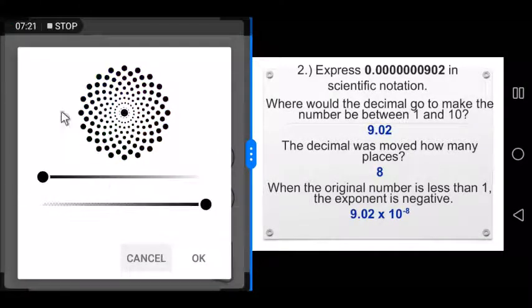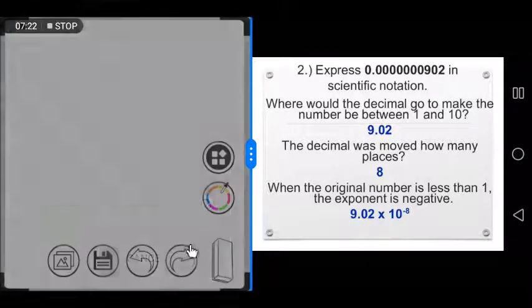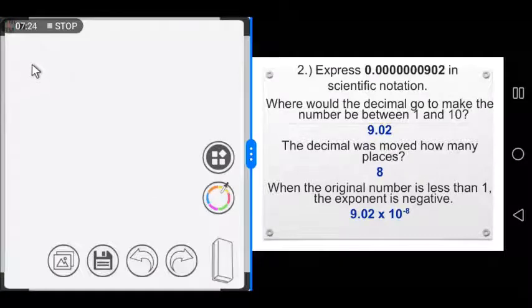So, we have 0.00902 pala. 000, ilan yun? 3, 6, tapos mayroong isang 0 pa, then 902. Okay, so paano daw po isusulat to in scientific notation?